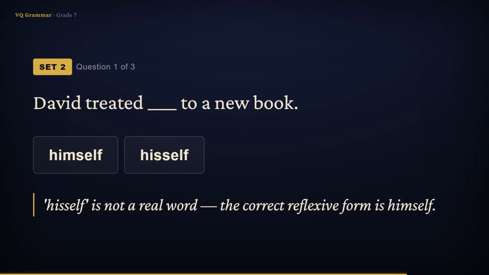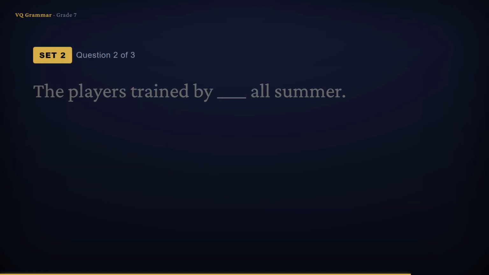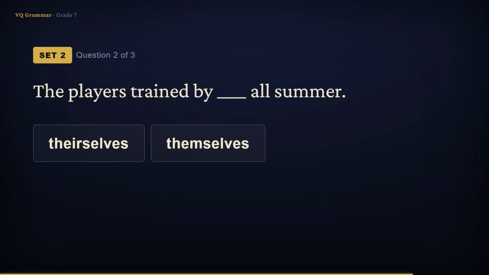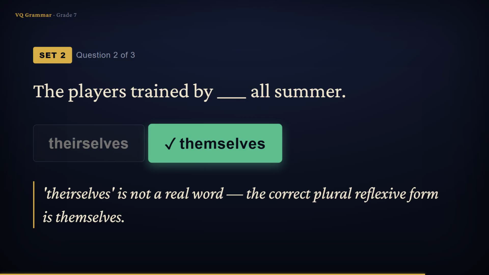The correct form is himself, so the answer is himself. The players trained by blank all summer. We need the plural reflexive form here. Watch out, theirselves is not a real word. The correct form is themselves, so the answer is themselves.